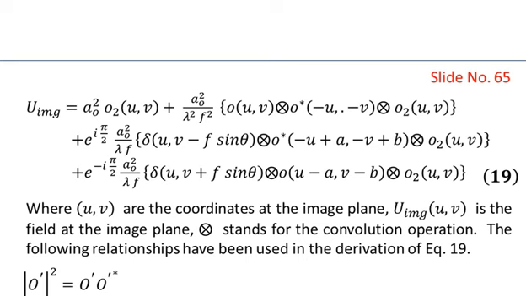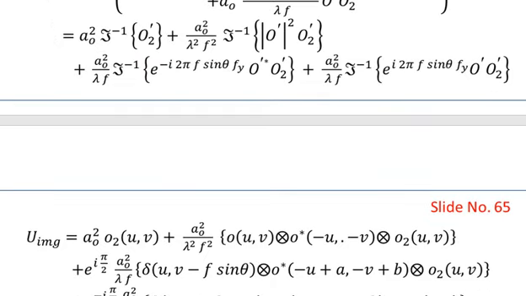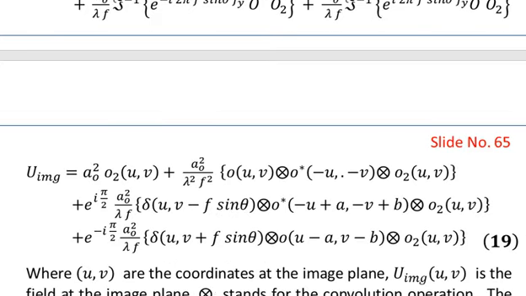So the amplitude image is equal to A naught into O2 as a function of U and V. So you see that O2 prime over here, which is the spectrum of O2, we have represented as O2 as a function of U and V.